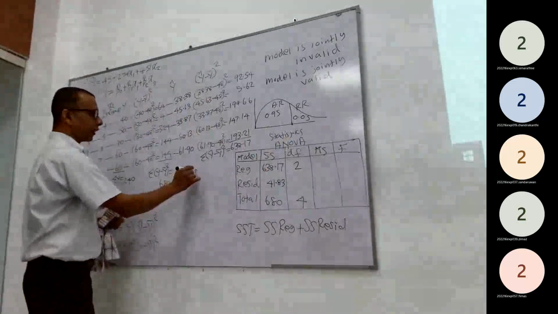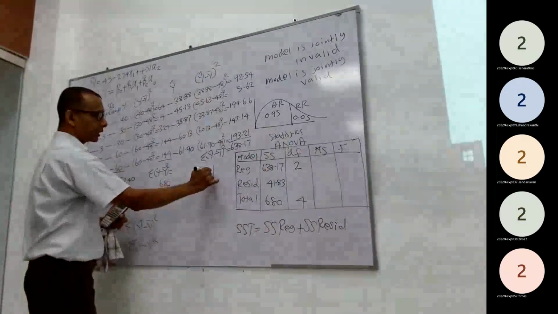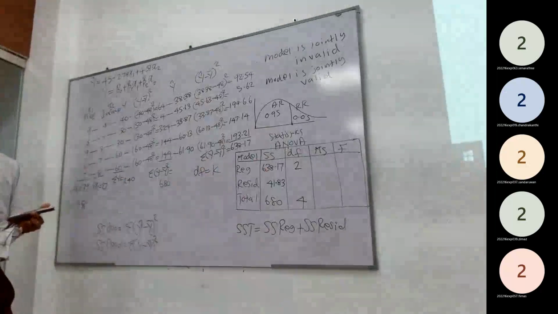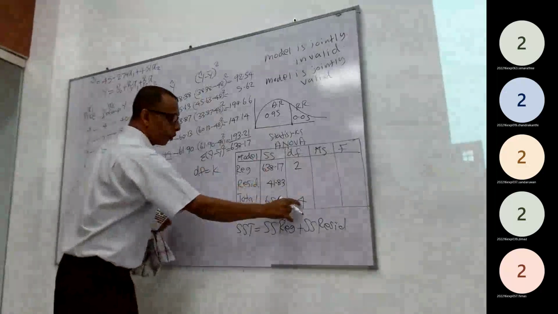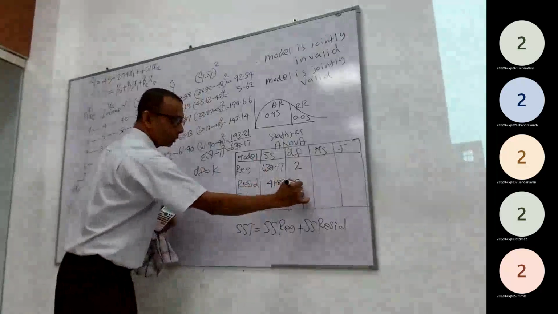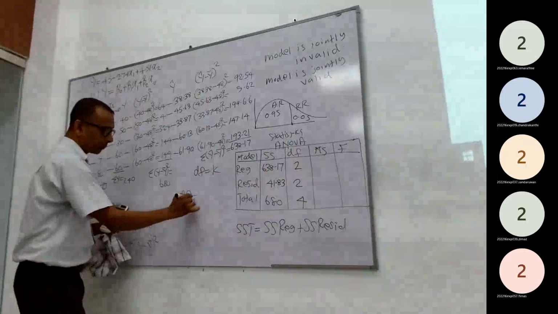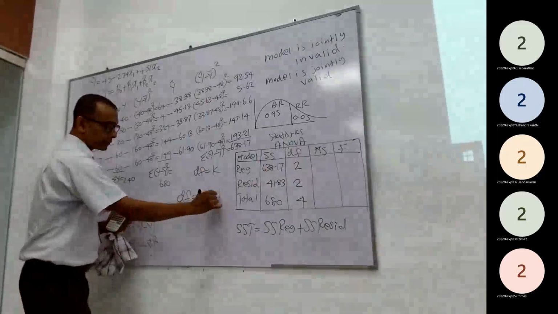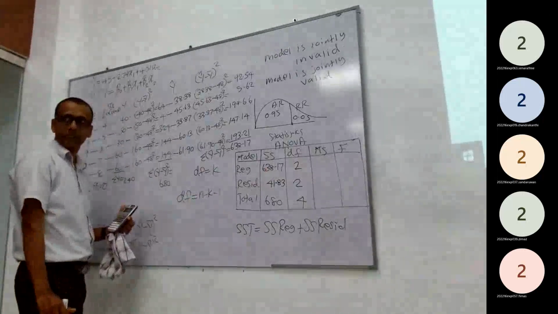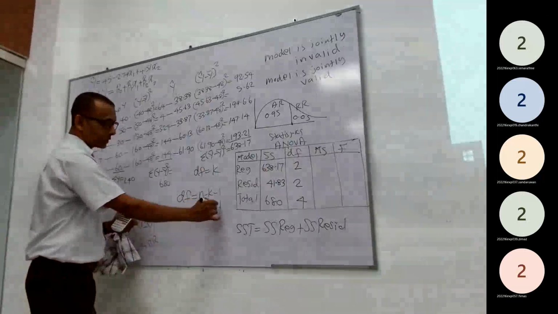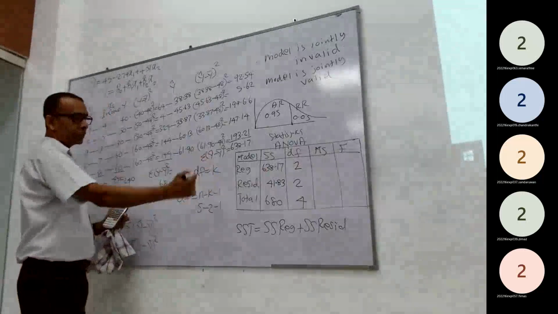Because here the degrees of freedom is given by k, the number of independent variables, which is 2. For the residual, the degrees of freedom is n minus k minus 1. N is 5, k is 2, minus 1, so 5 minus 3 is 2.